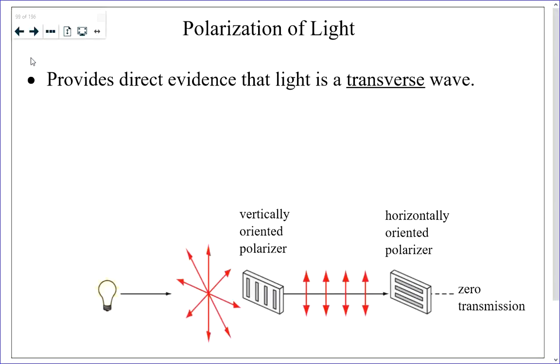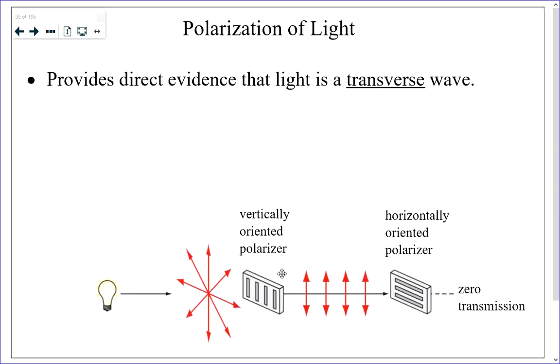If you take a beam of light, the light coming off of that light bulb is oriented in a number of different directions. Some of the light is oscillating up and down, some is oscillating horizontally, some is oscillating at angles in between those two directions. And you pass it through a vertically oriented polarizer, which, by the way, this diagram showing the vertically oriented polarizer is not what it would look like.